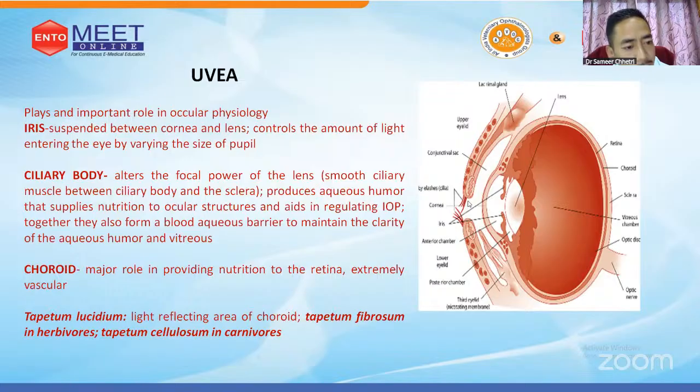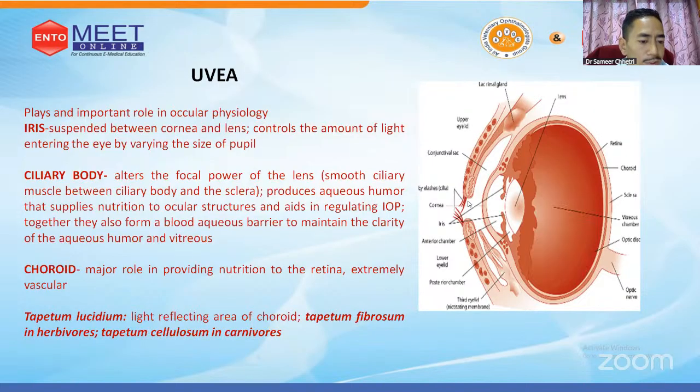The choroid plays a major role in providing nutrition to the retina, and it is extremely vascular. The tapetum lucidum is the light reflecting area of the choroid, with tapetum fibrosum found in herbivores and tapetum cellulosum in carnivores. In herbivores it's more of a fibrous type, that's why the term tapetum fibrosum.